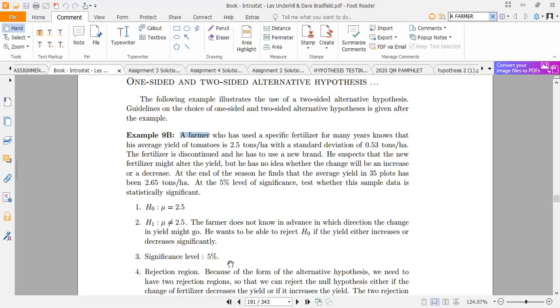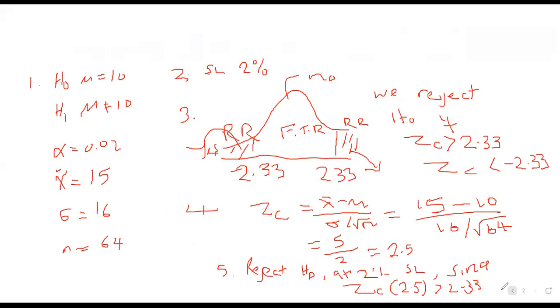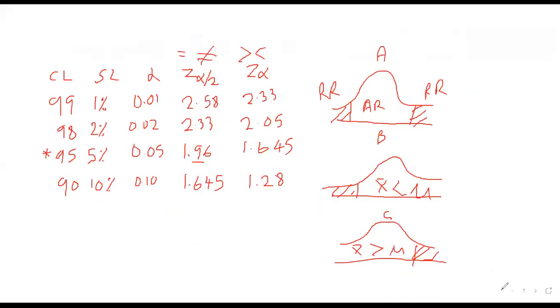So you need to have this table at your fingertips. At 5%, two-tailed is 1.96, single-tailed is 1.645.